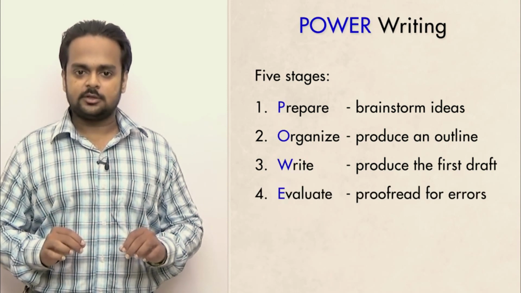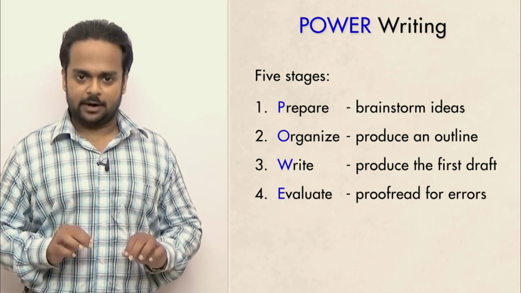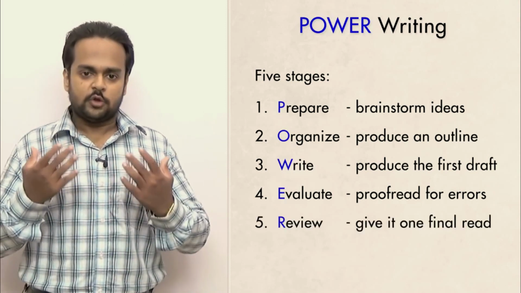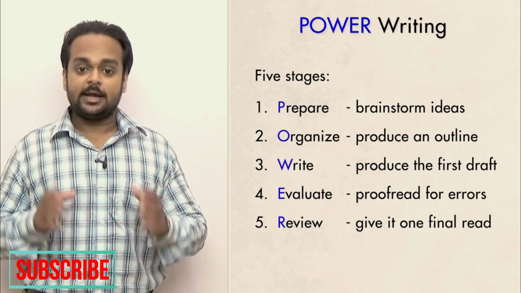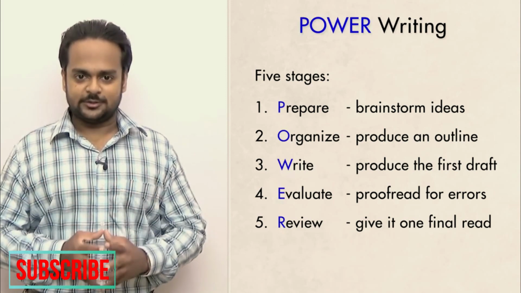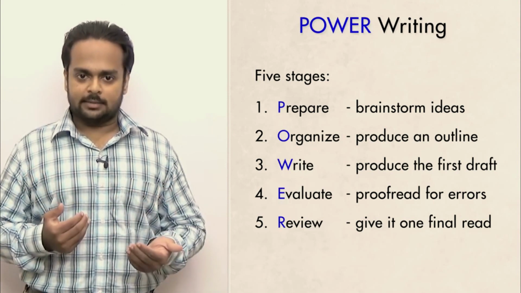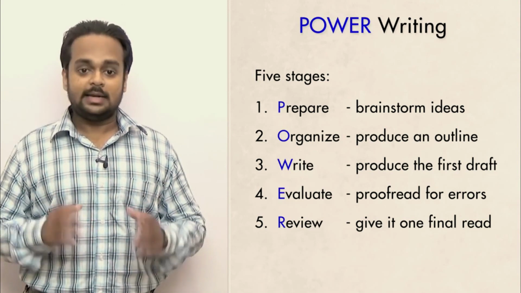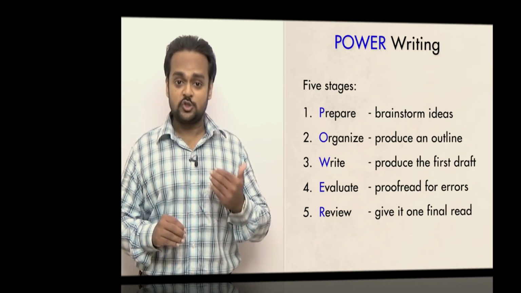After this, you evaluate or proofread the draft to correct any errors. Finally, you review what you've written to see if it reads naturally and make sure it's fully ready to go out into the world. Once you get good at applying the power writing process, you will find that writing anything is easier, more systematic, and more enjoyable than ever before.